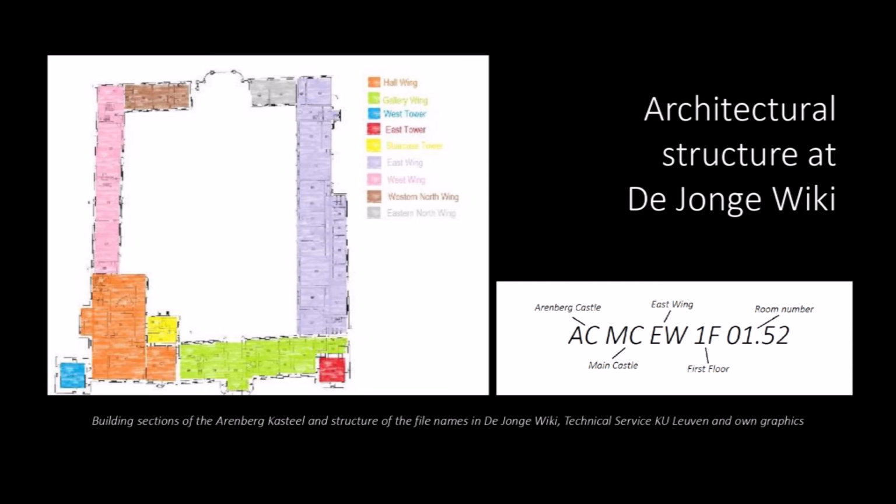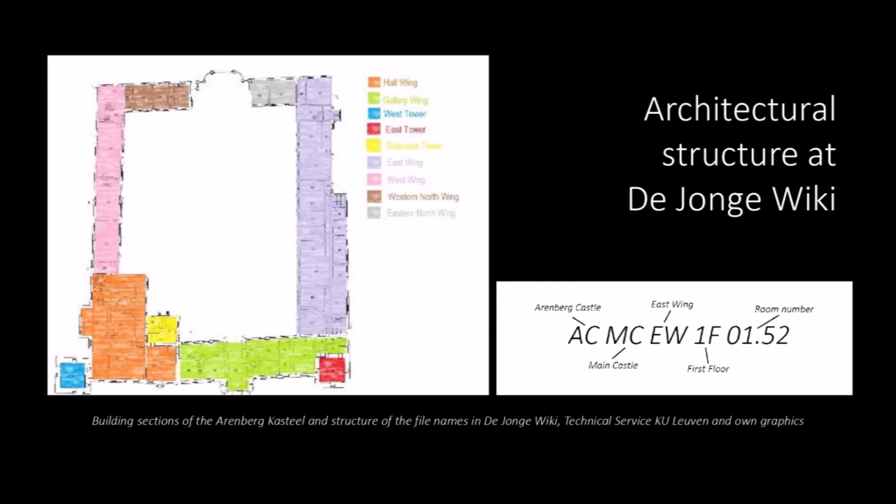On the right, you can see how the name of a room is composed in the De Jonge Wiki. It starts with the abbreviation AC for Arenberg Castle. That is the entire area. The next level is MC, the main castle, followed by EW for the east wing, and 1F for the first floor there. Last element is today's number of the rooms.